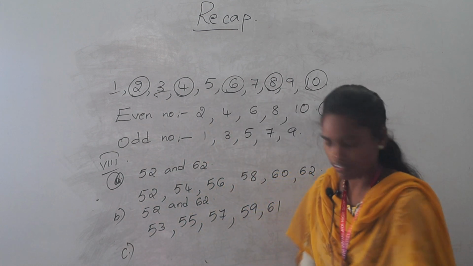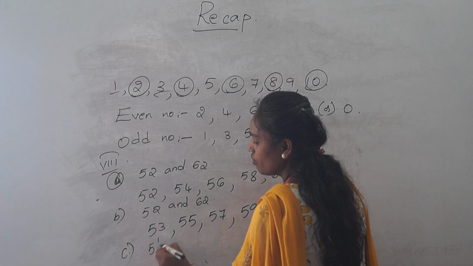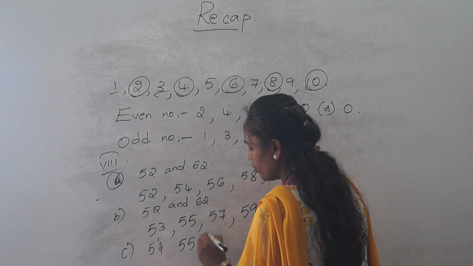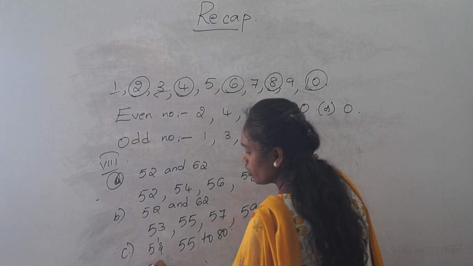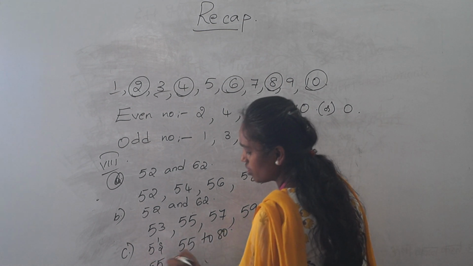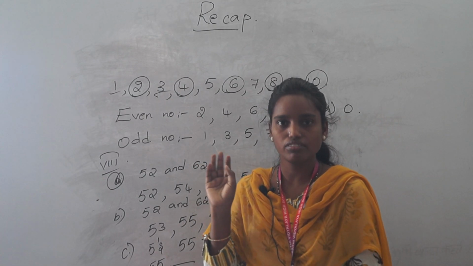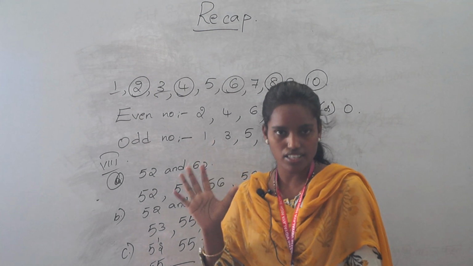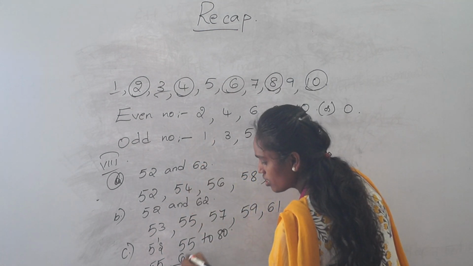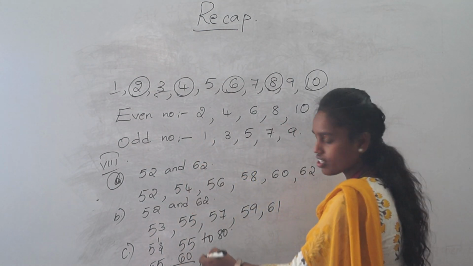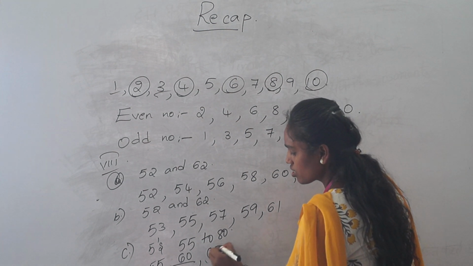Counting of 5s. It means for every number we should count 5. Okay, 55. Next, for 55 add 5: 56, 57, 58, 59, 60. So the next number is 60. Again add 5 to 60, we will get 65.